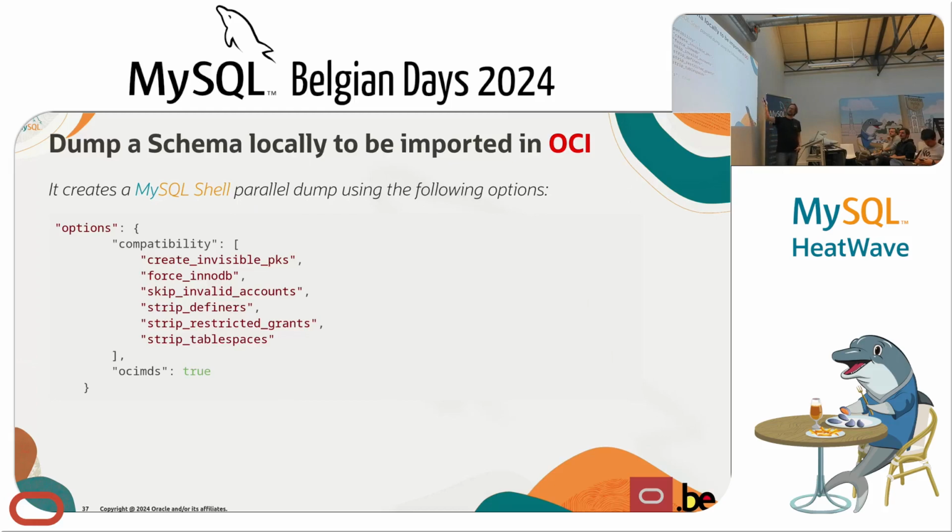Invalid accounts, strip definers, restricted grants, strip tablespaces. You cannot decide where the tablespaces are in OCI. All that is managed by the MySQL team over there. So it will strip all that information if you put tablespaces locally, if you put tablespaces in different directories and stuff like that, that information is gone.